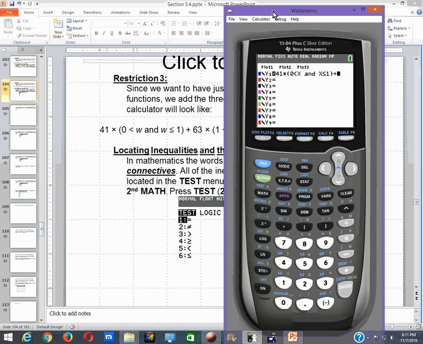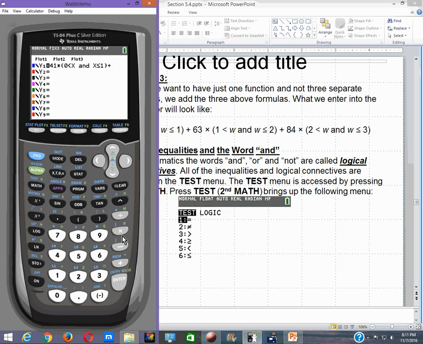Plus, now the middle formula. 63 times, open parenthesis, 1, second test, less than, choice 5, x, then and, so second test, logic, enter, and x, second test, less than or equal to, choice 6, 2, close parenthesis, plus 84 times.